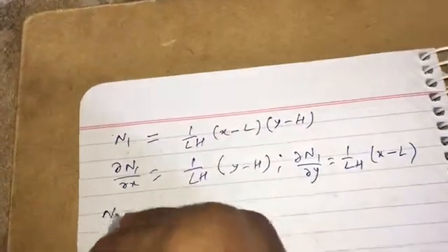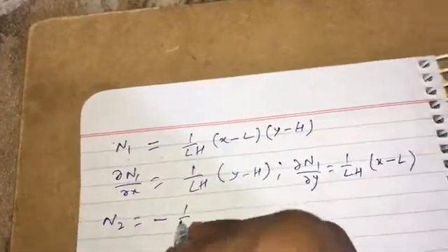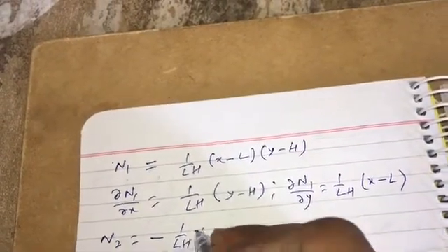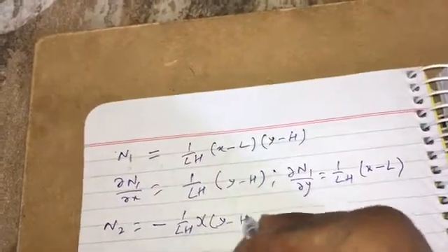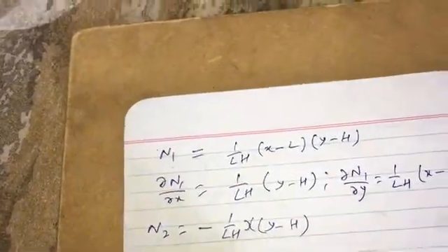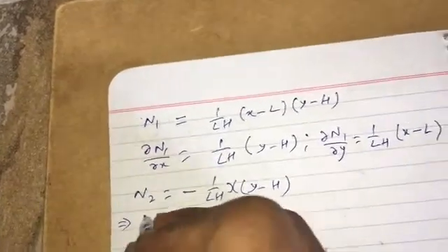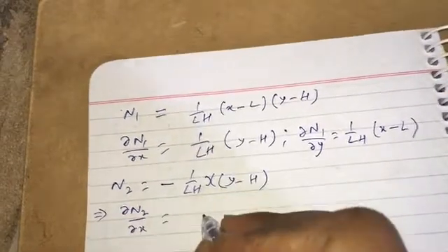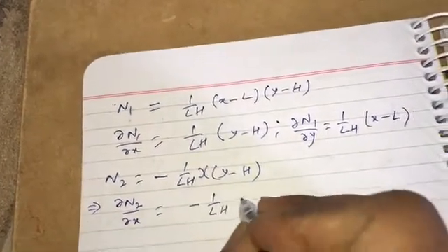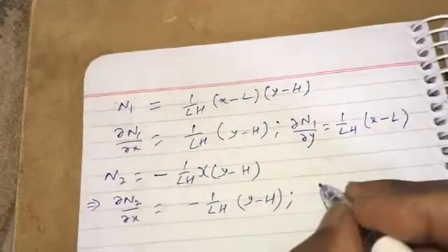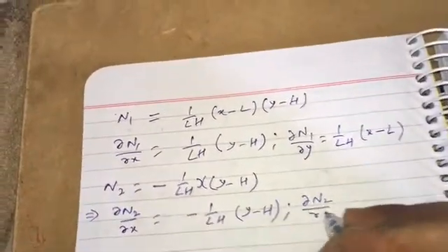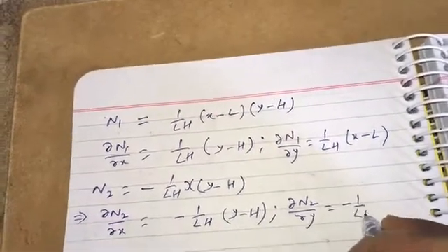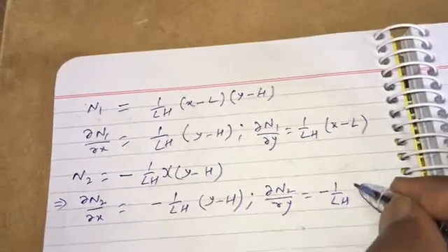Now n2 equal to minus 1 over LH, and then you have x times y minus h. So that will give you del n2 over del x equal to minus 1 over LH times y minus h, and del n2 del y is equal to minus 1 over LH times x.